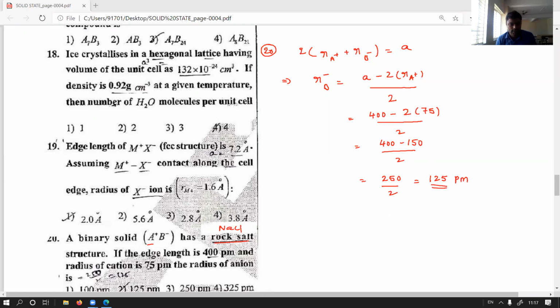So the correct answer is second option. The second option is correct, 125 picometers.